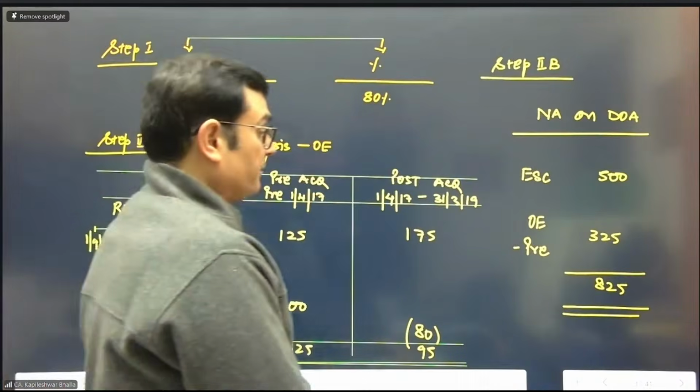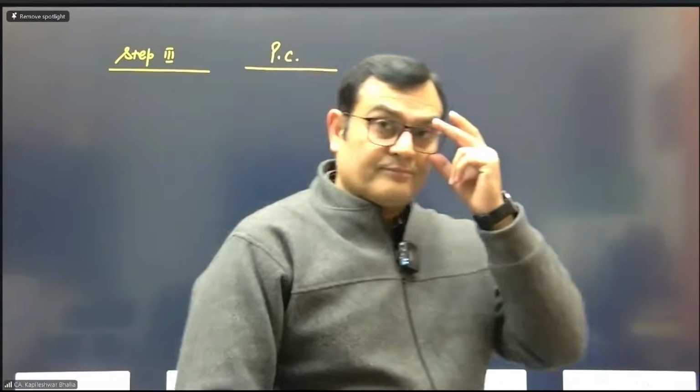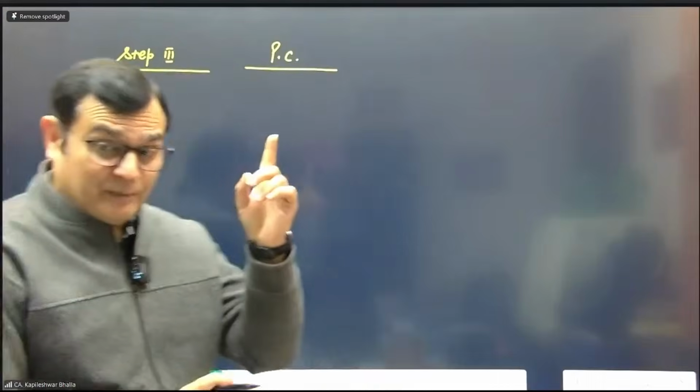Now we can go to the step number 3. So where do I look at the step number 3 for the calculation of the purchase consideration? What should be the focus point to see the investment balance sheet or extract balance sheet?